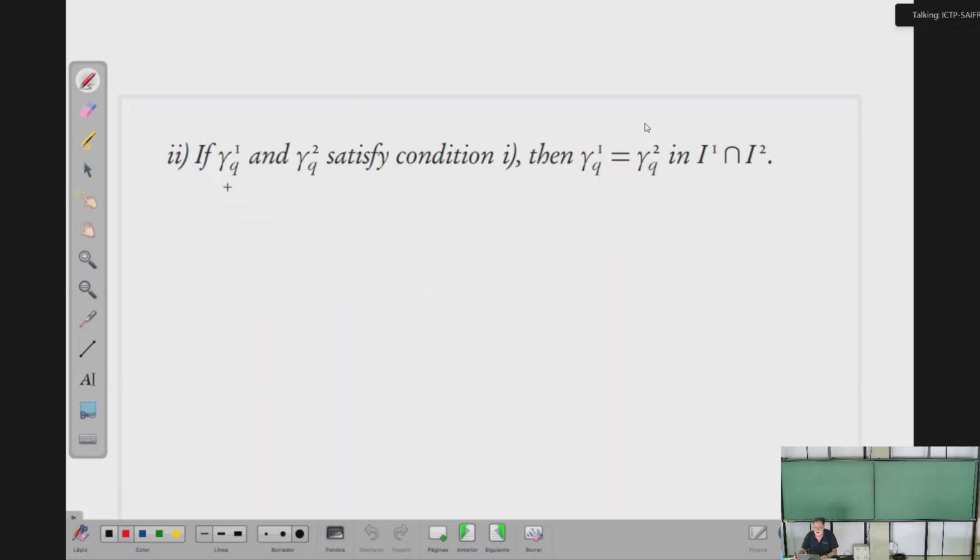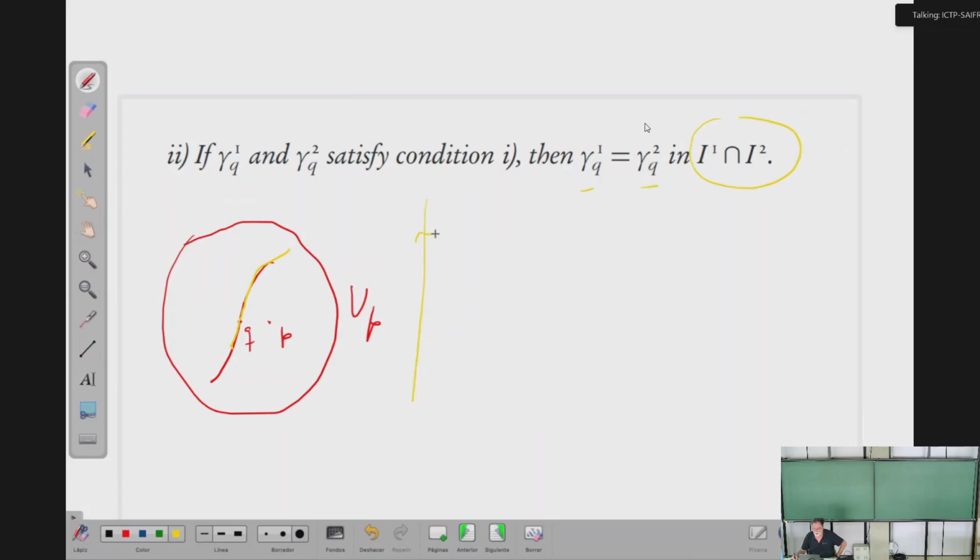Then the second is about uniqueness. So we have this point Q, this is the point P, and this is UP. We have a solution that goes there, and another solution that goes here, gamma 1 of Q and gamma 2 of Q. And then the theorem asserts that they are equal in the intersection.